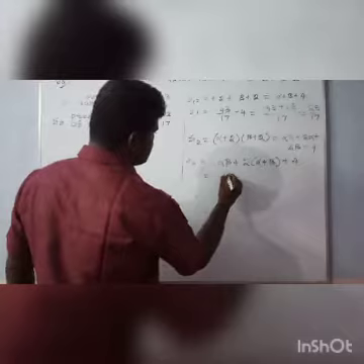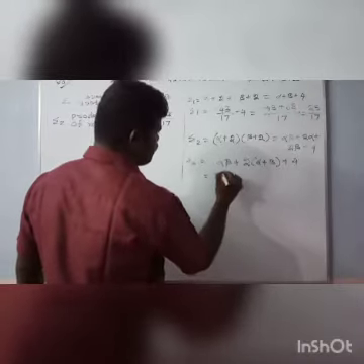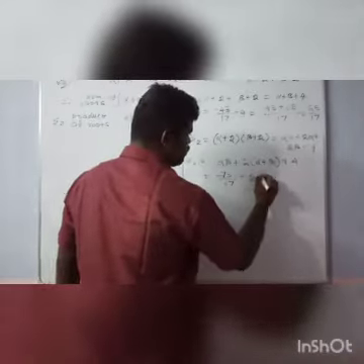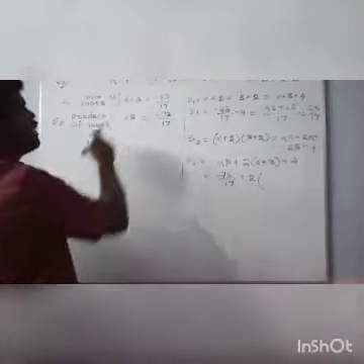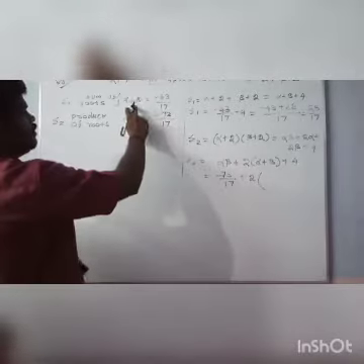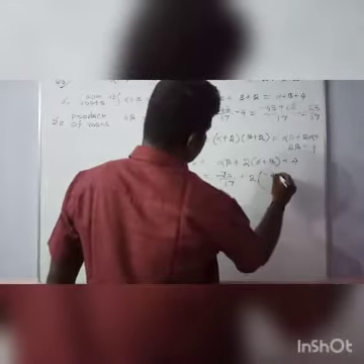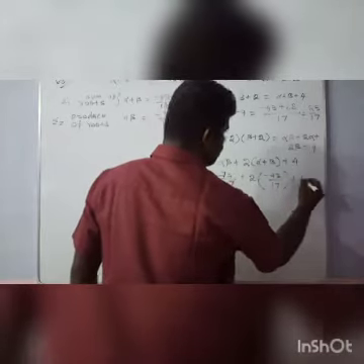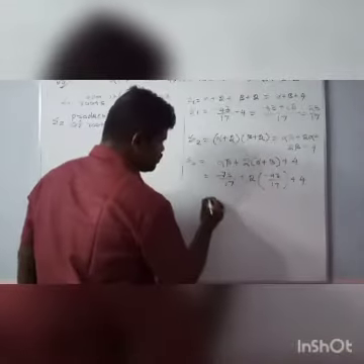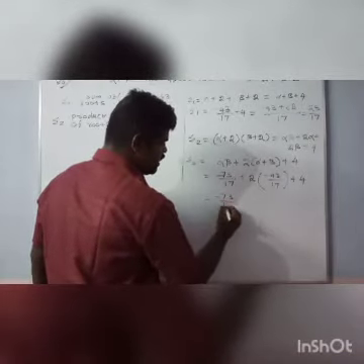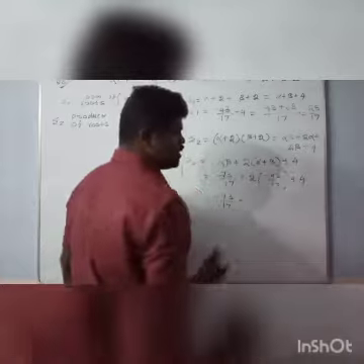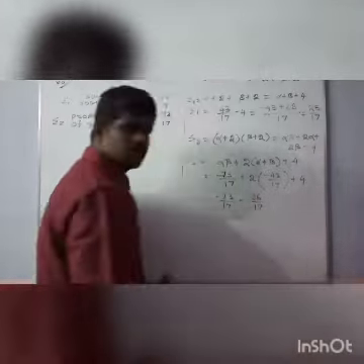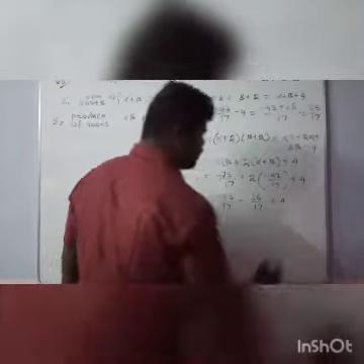Minus 73 by 17, plus 2 times alpha plus beta, which means minus 43 divided by 17, plus 4. Now minus 73 by 17 minus 2 into 43, 86 divided by 17, plus 4 is separate.